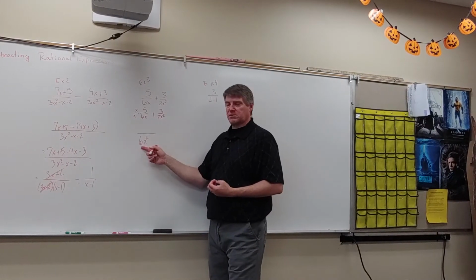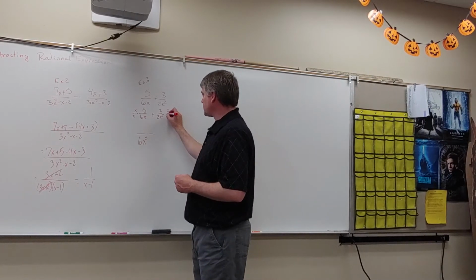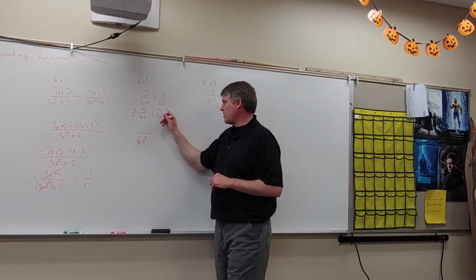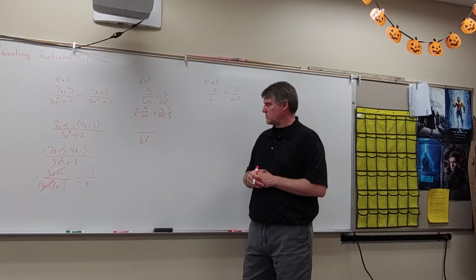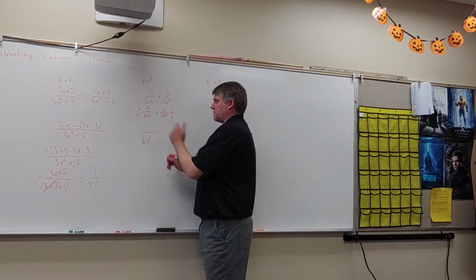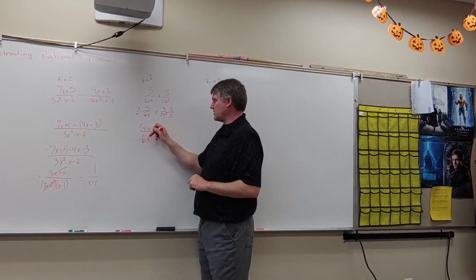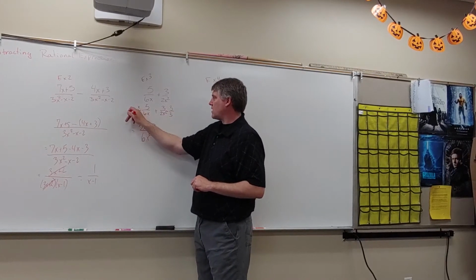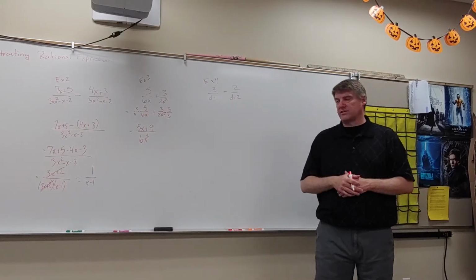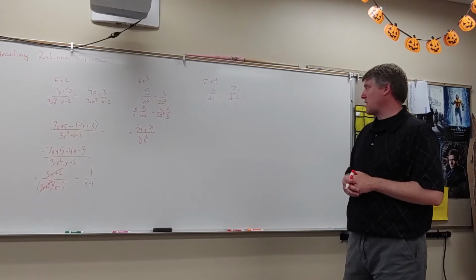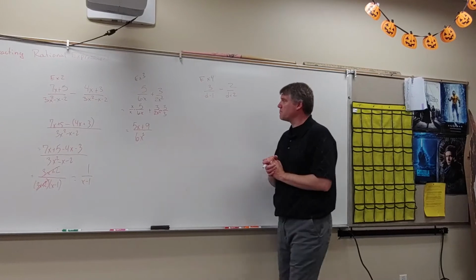Well, 2 times what gives me 6? 3, I already have the x squared, so that's taken care of. So I have to multiply top and bottom by 3 over 3. Okay? So now I can do some simplifying here. X times 5 is 5x. 3 times 3 is 9. And there is my simplified expression. Understanding that there is a value that I can't plug into that denominator. Okay, I'm just simplifying right now, so that's fine.